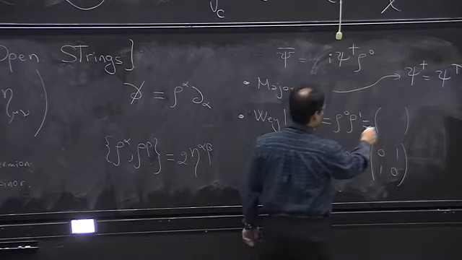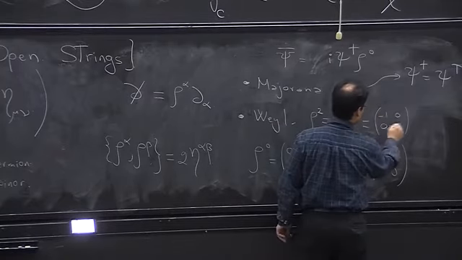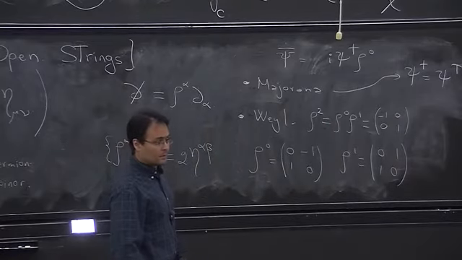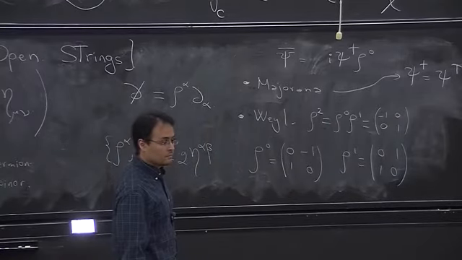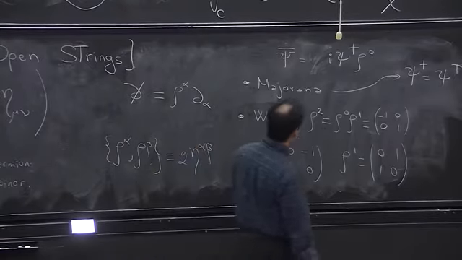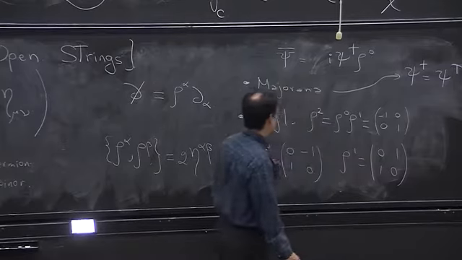And this matrix looks like an i where? Okay, so this is our gamma 5.